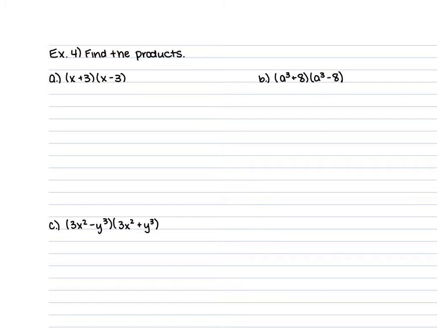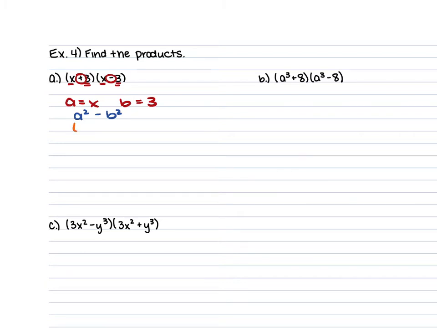For a, we have x plus 3 times x minus 3. We see that our a term is the same in both of these. So a is x. Our b term is the same in both. We have opposite signs here. We have a positive and we have a negative. So we're just going to use a squared minus b squared.